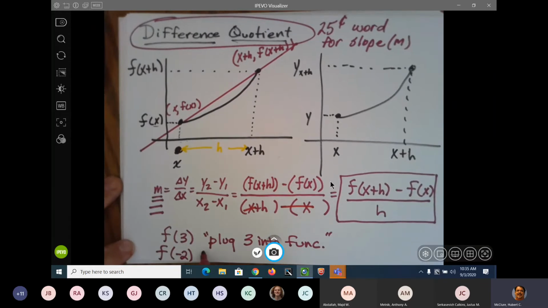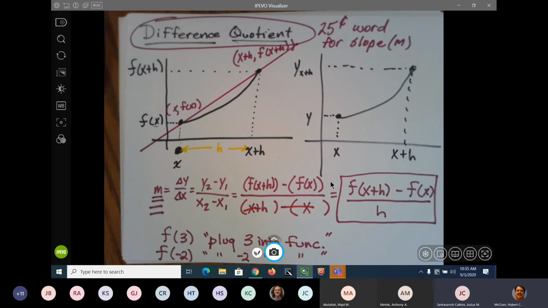Then I'm going to plug -2 into the function. So whatever's in these parentheses is what I'm going to plug into the function. Does everybody agree with that? Just one person needs to say yes. Yes. Thank you. Appreciate that. I know I'm asking a lot for the class to interact with me. I know that's awful.